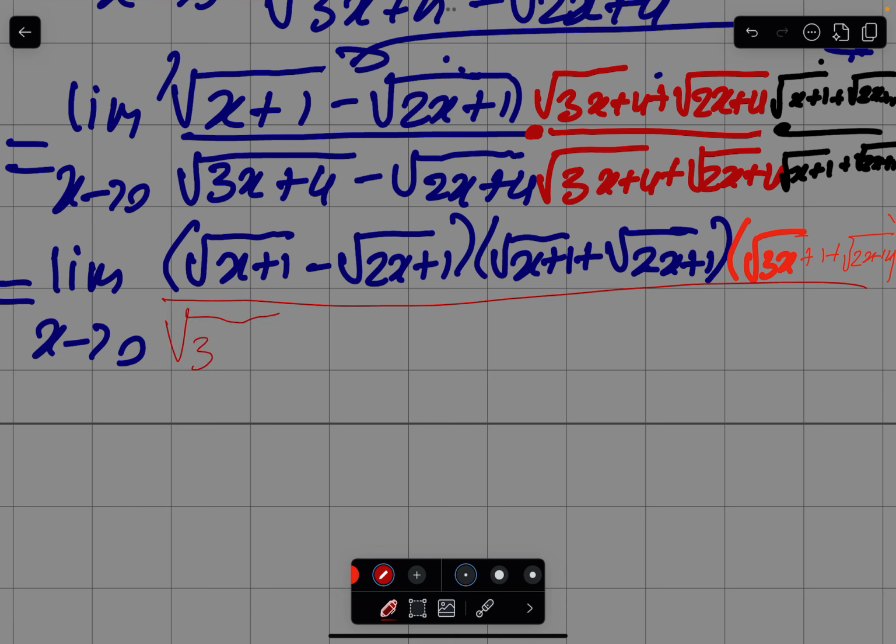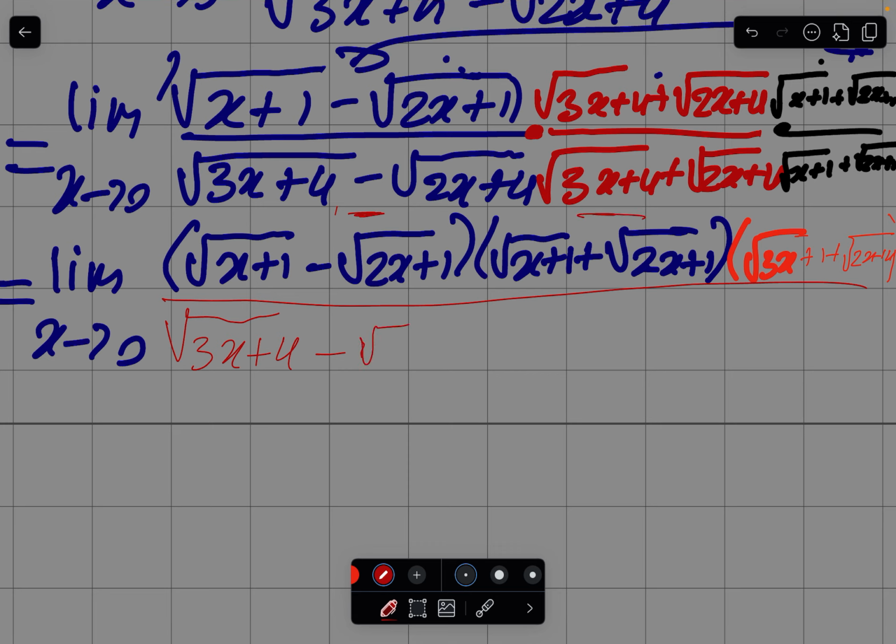We have square root of 3x plus 4 minus, here you must touch this one. You must not touch this one this side. Which one did you rationalize? You must touch this one and this one.